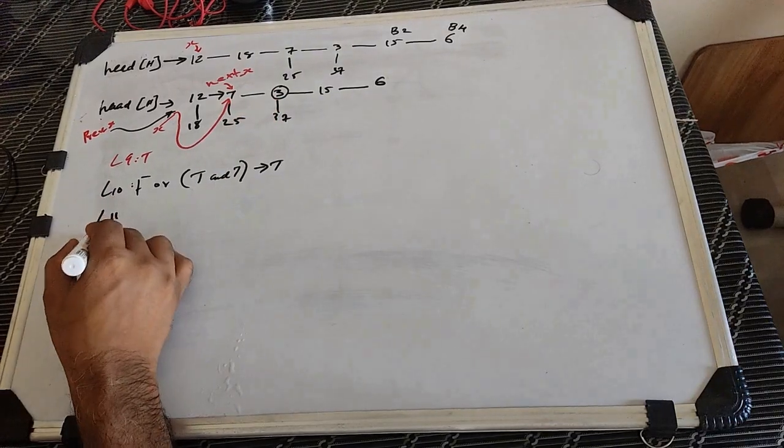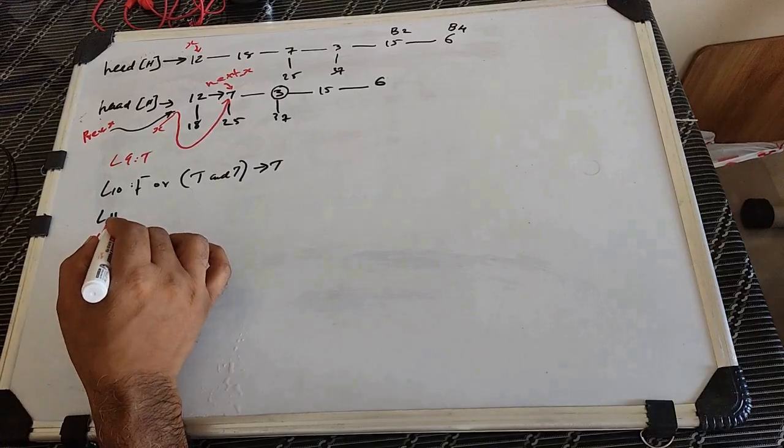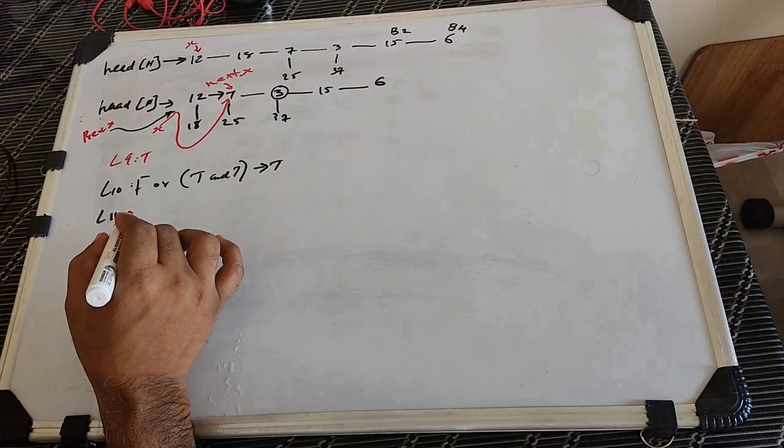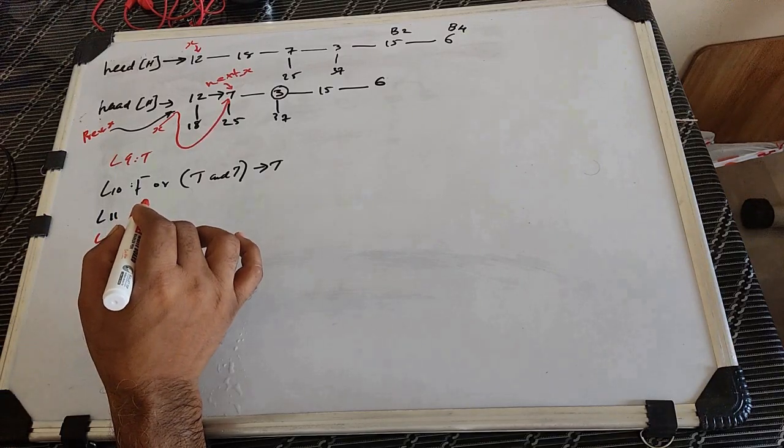Line number 11, line number 12 also: x equal to next x.